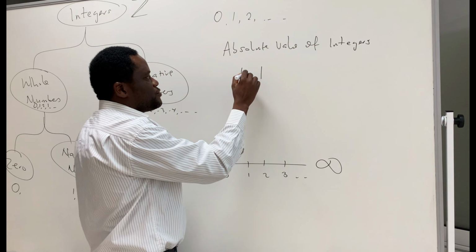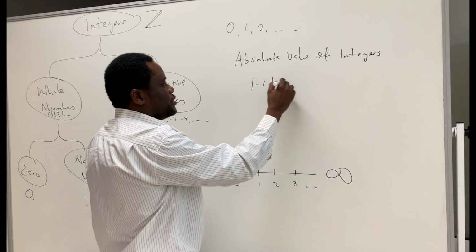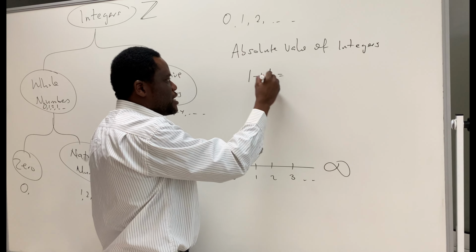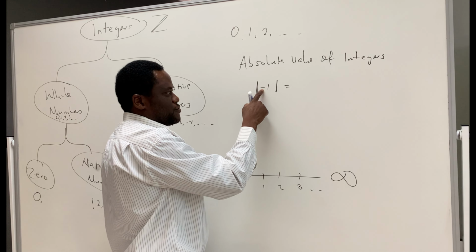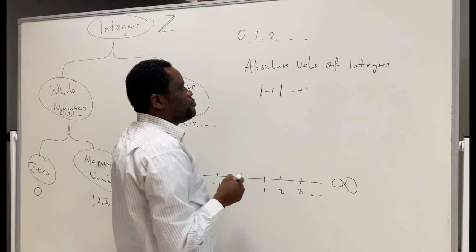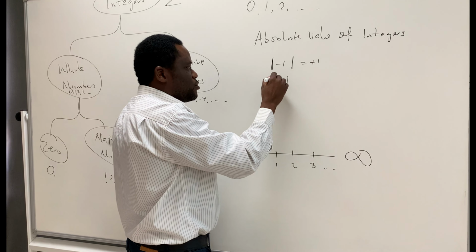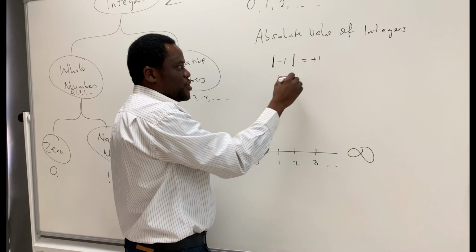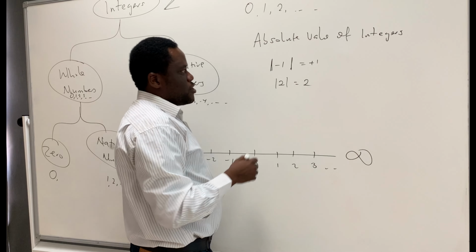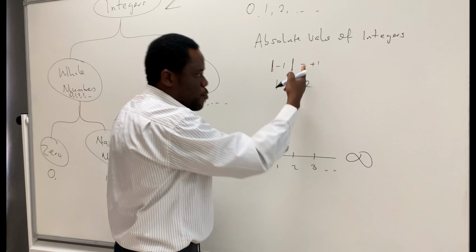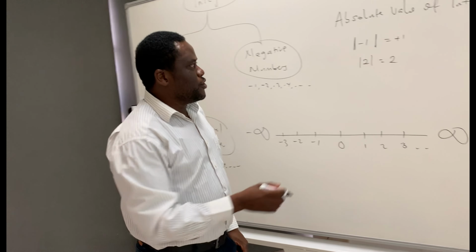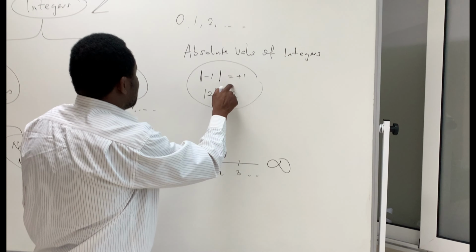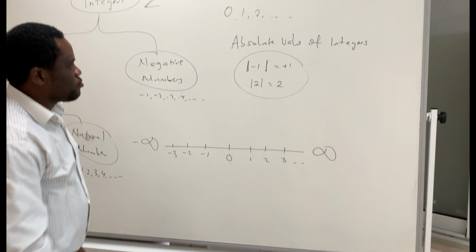If you have the absolute value of -1, this means the sign changes from negative to positive, so we have +1. And the absolute value of 2 is positive, so it remains positive. If it's negative, it changes to positive. If it's positive, it remains positive. So this is very important.